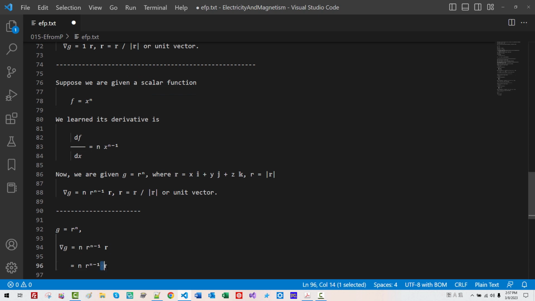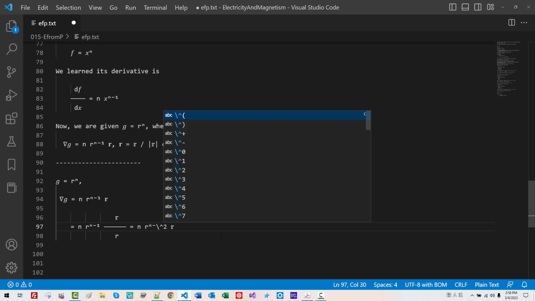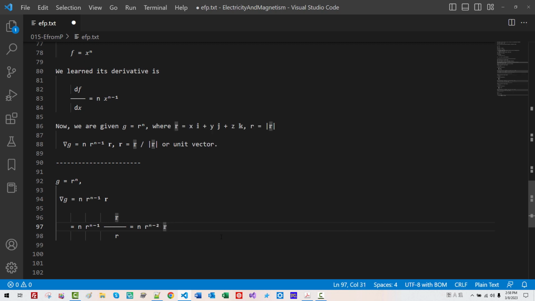We will substitute r-hat with this vector, r over its magnitude, because this part is a unit vector. From this, we can say n r to the n minus 2 times r. I will fix this part like this. This is equivalent to this, but try to memorize this way.